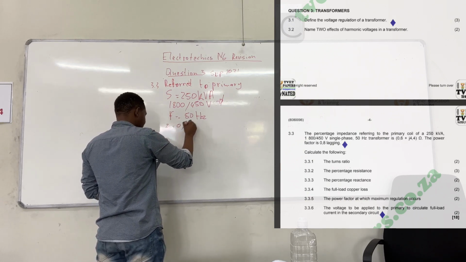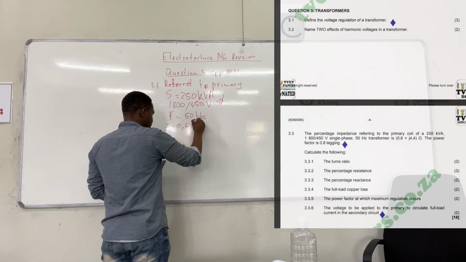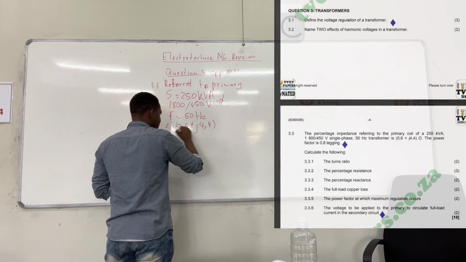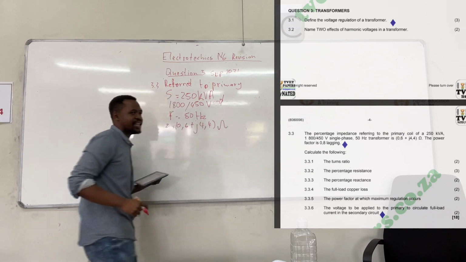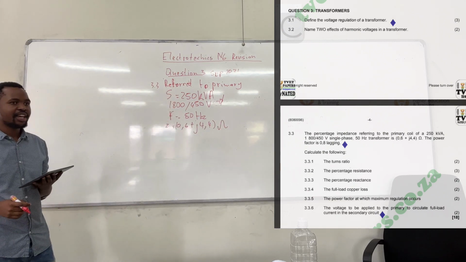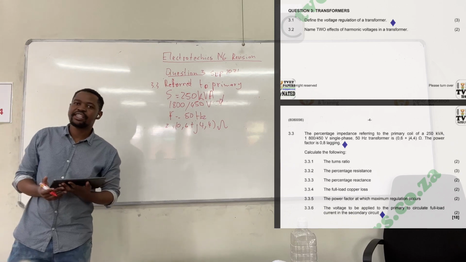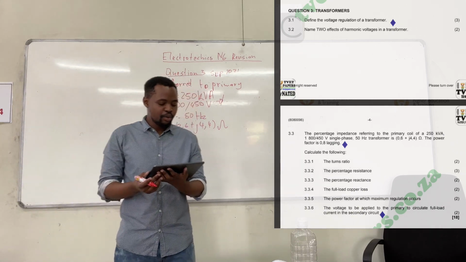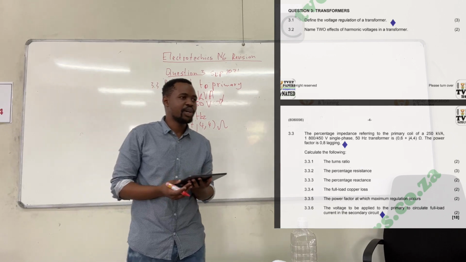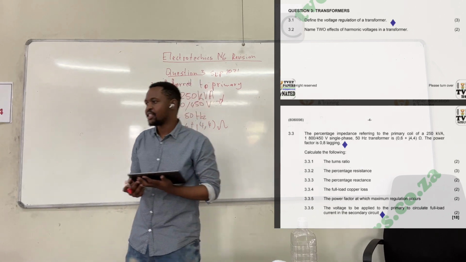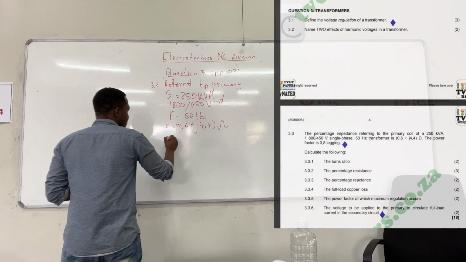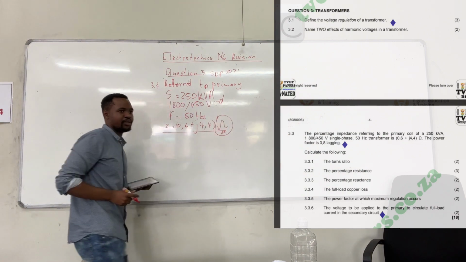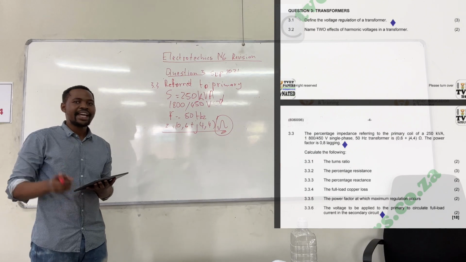Guys, I think the person who was writing this question made a mistake. Why do I say that? It says at the beginning the percentage impedance, and then gives it in a unit called ohms.